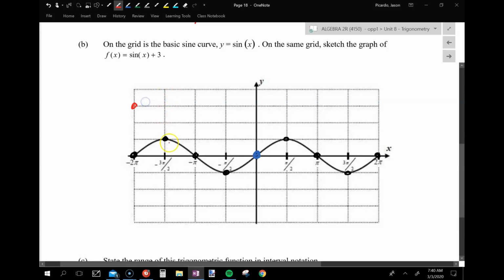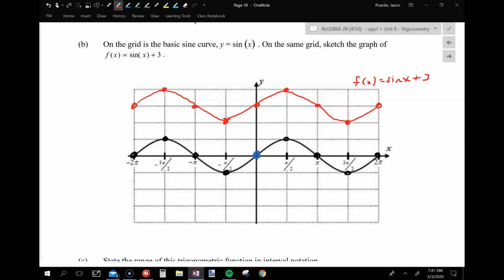So up 3 units, up 3 units. And we get that guy. That's cool, right?